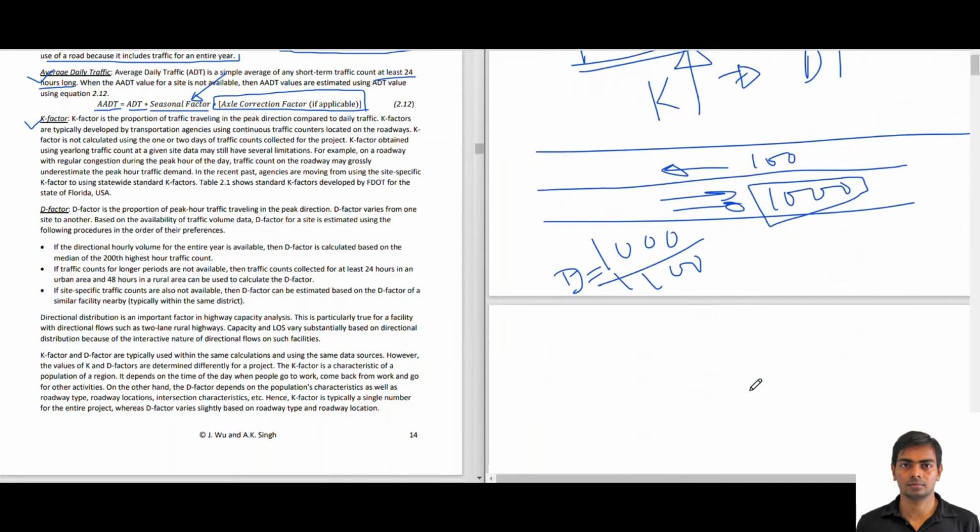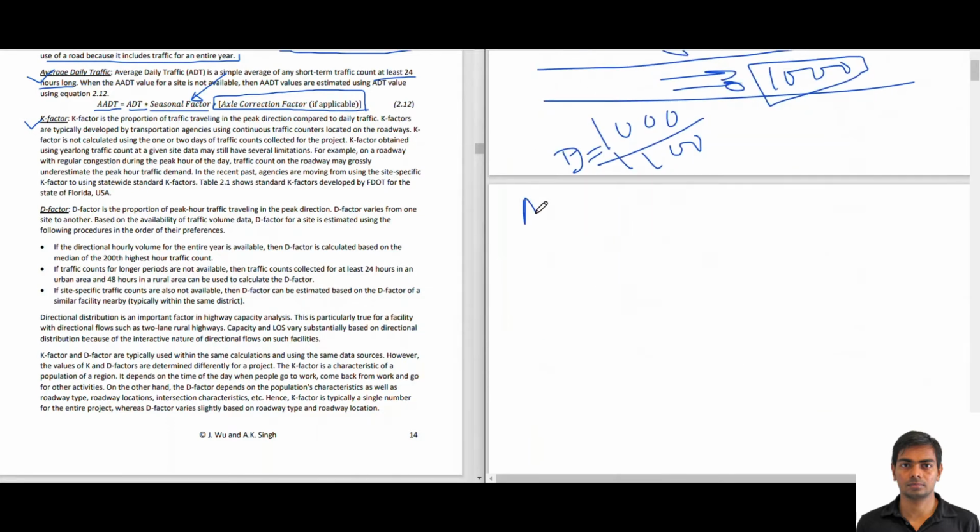So K factors and D factors are used to change the ADT, that is, to change the 24-hour count. If we take the 24-hour count multiplied by the K factor, we will get the hourly count, and if we multiply it by the D factor, then we will get the hourly count in the peak direction.